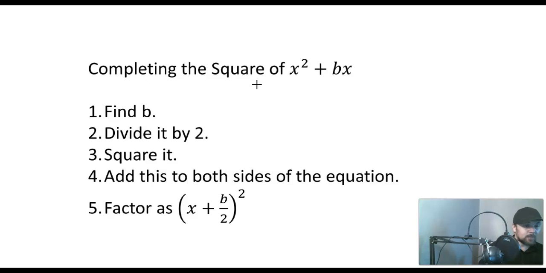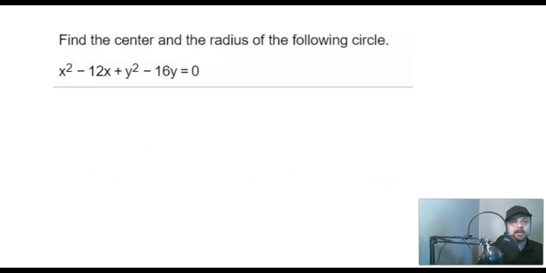The third kind of problem involving circles in this section is a problem where the equation is not put together in the way we need it to be. So let's look at an example before we talk about that process. So here, what we need for a circle is we need the formula to look like this.